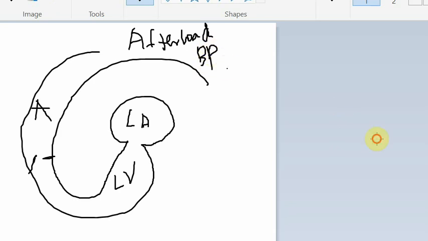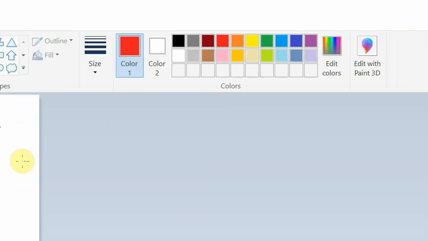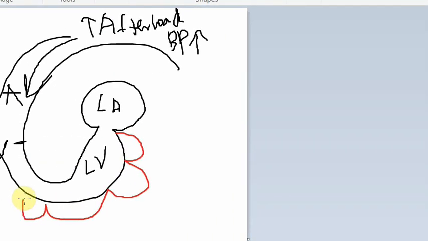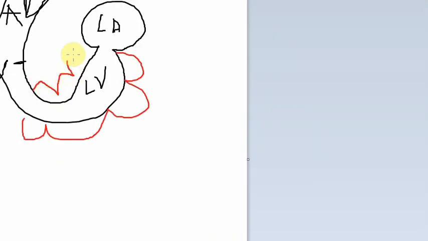So if someone has chronically elevated blood pressure, the afterload will be high, which is the power pushing back against the heart. So your left ventricle will enlarge. When your left ventricle enlarges, it becomes bigger to maintain that amount of resistance it's facing. So it becomes bigger in size. And that we call left ventricular hypertrophy.